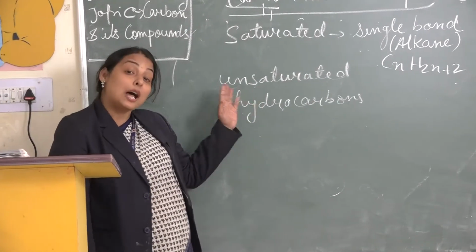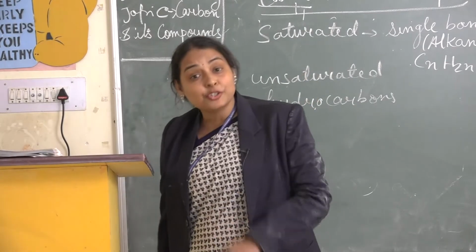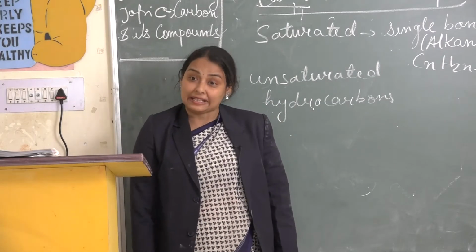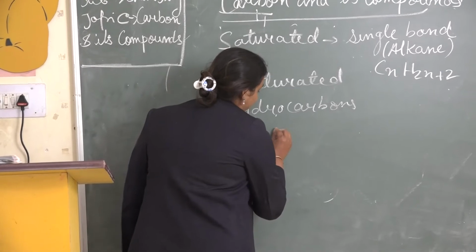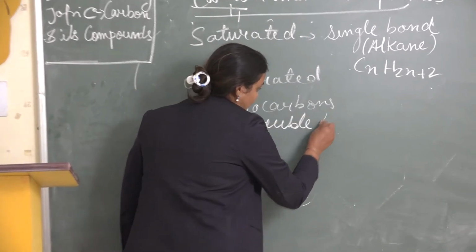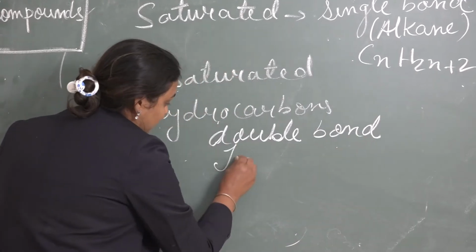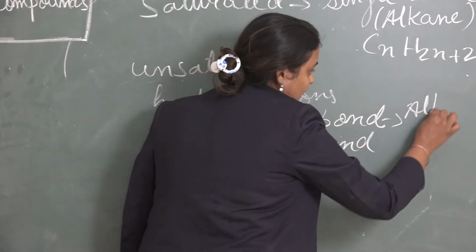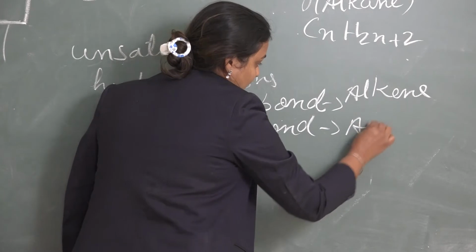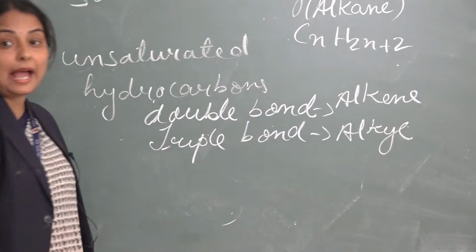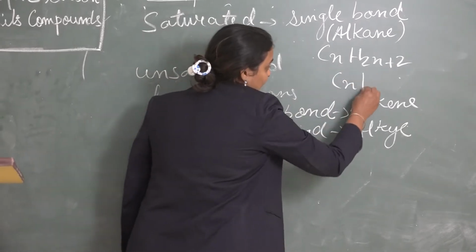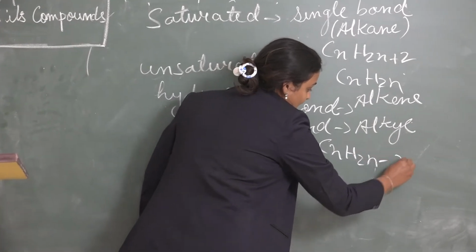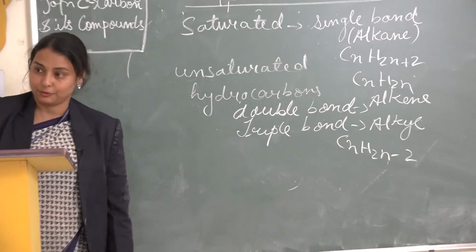Now unsaturated hydrocarbons: in unsaturated hydrocarbons we have a double bond or a triple bond, that is alkene and alkyne. Their general formula is CnH2n for alkene, and for alkyne CnH2n-2.